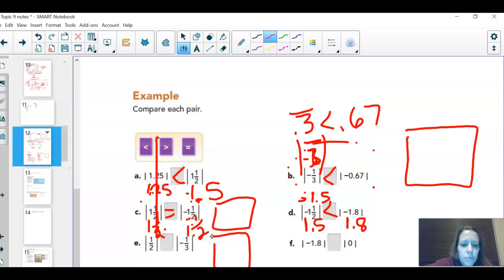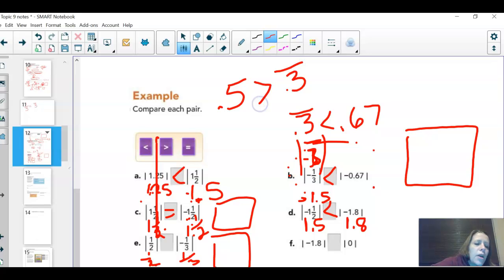Try this one. Okay, 1/2 is 1/2, and this is 1/3. I could change those and have 0.5 and 0.3 and say this one's bigger, or I can think of like a box.